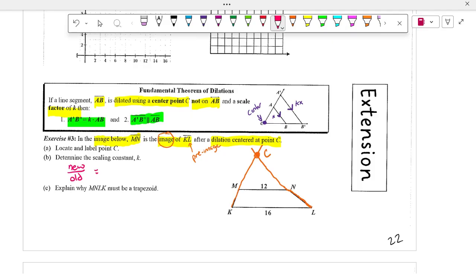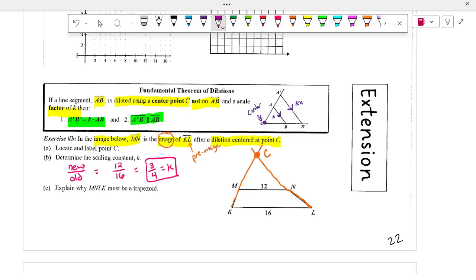So what's my new side length? 12. What's my old? 16. Now we know that's not going to be a pretty number, so we just have to simplify that fraction, which simplifies down to 3/4. So that's equal to K. That's your scale factor.